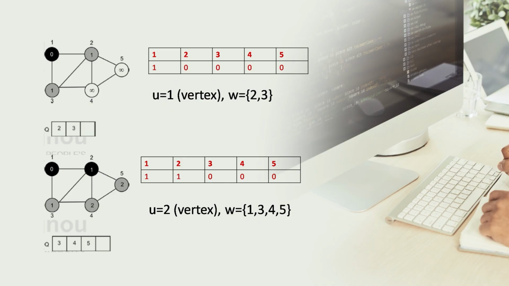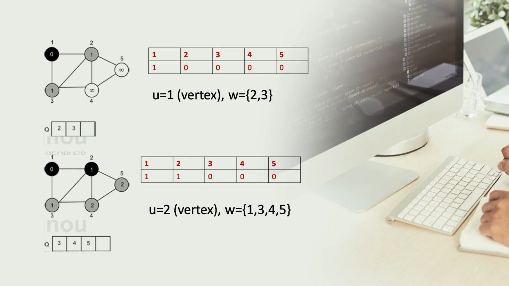You can check here in the queue, 2 and 3 are added first. Now which particular vertex you want to visit, you can visit 2 or 3. Again there is no difference between them, the priority of both vertices is the same. You can visit 3 first as well, you can visit 2 as well. So whatever you want, you can do that here.